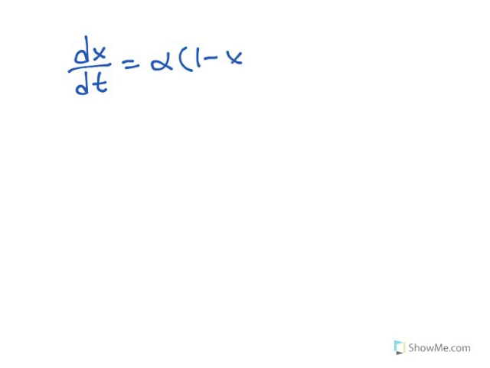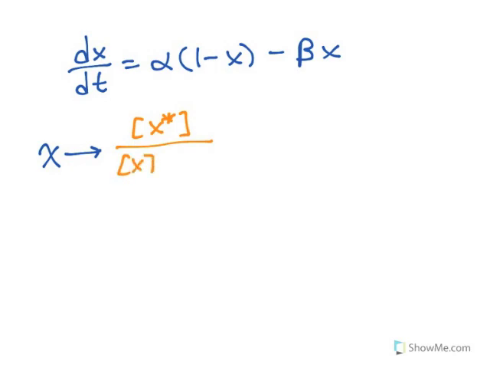So this is the equation we got at the end of the day. And we're defining x to be the concentration of activated protein over the total amount of protein in its active or inactive form. Or rather, I should say the total concentration of protein, regardless of its form.